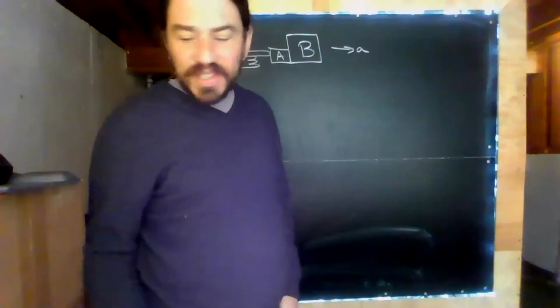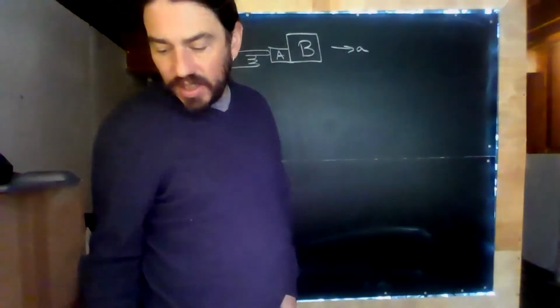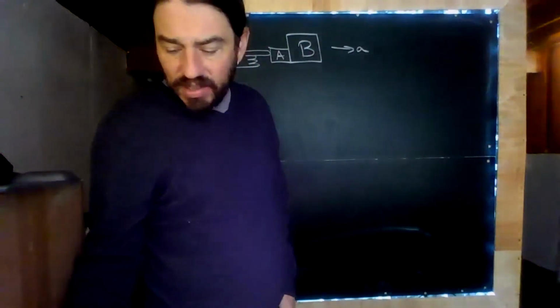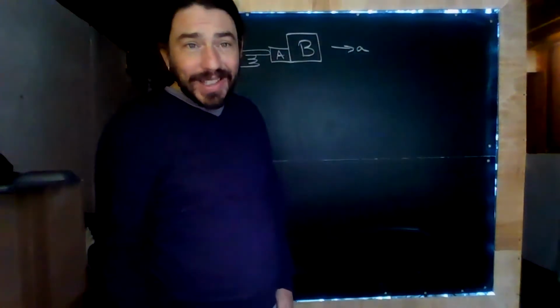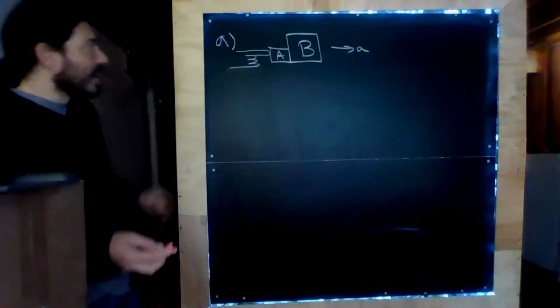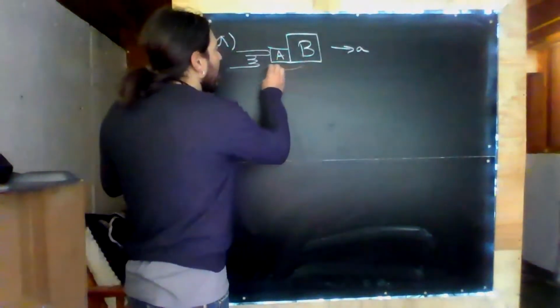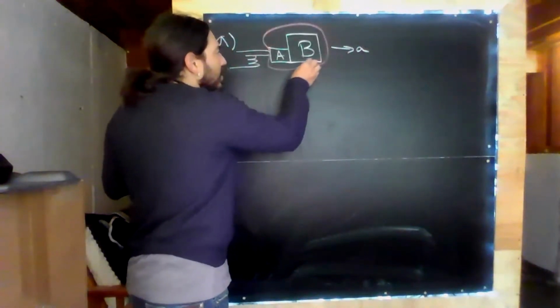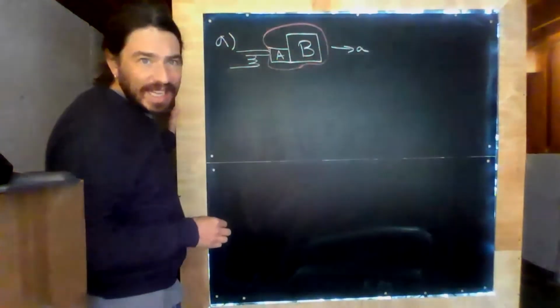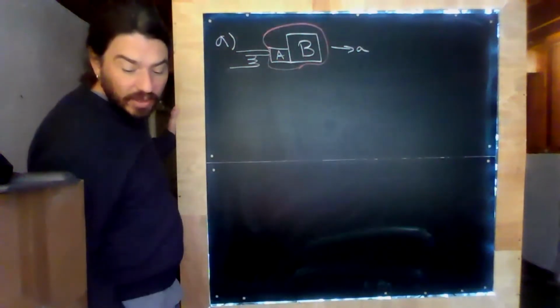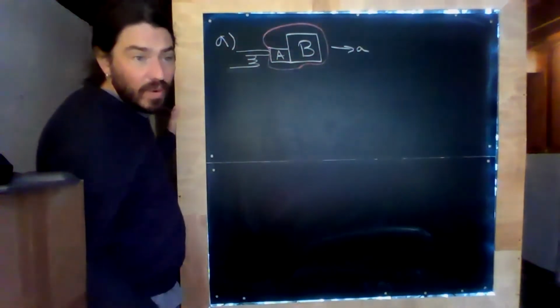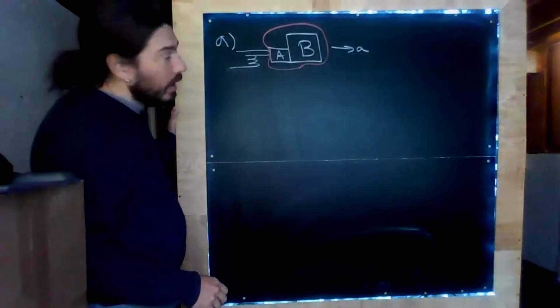Now, it's asking for the acceleration of the blocks. So in this case, it's not asking us to get into the internal forces in any way. It doesn't ask us for A on B, B on A. So, for this one, I think that we should make our object of interest both of them together. Both of them together will be our object of interest for part A.